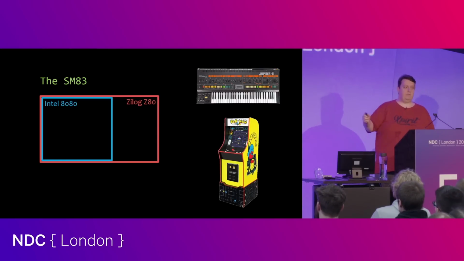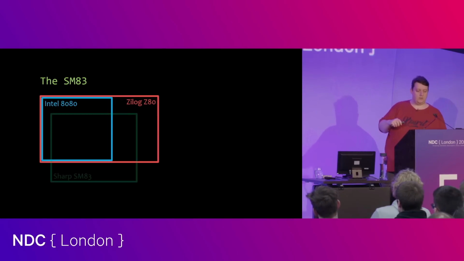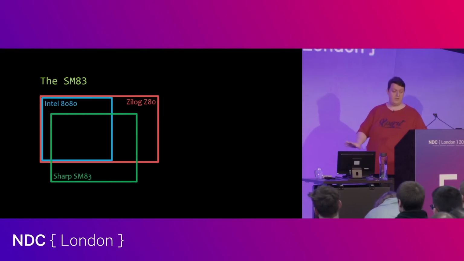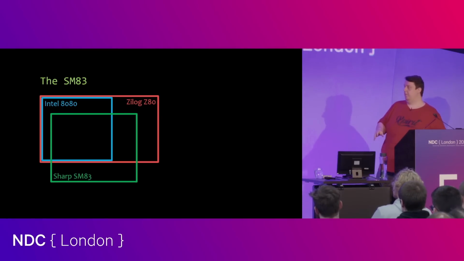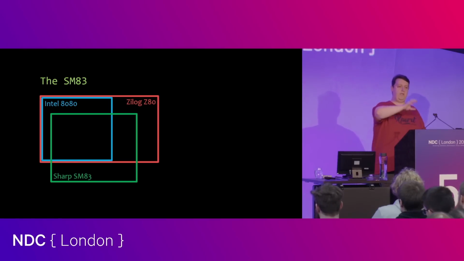So this should have been a perfect candidate for our Game Boy. So Nintendo decided to contact Sharp to make something else. Again, heavily based on both the Intel 8080 and the Zilog Z80, but also a little bit different. Why is it different? Because this one has only the registers from the Intel 8080.